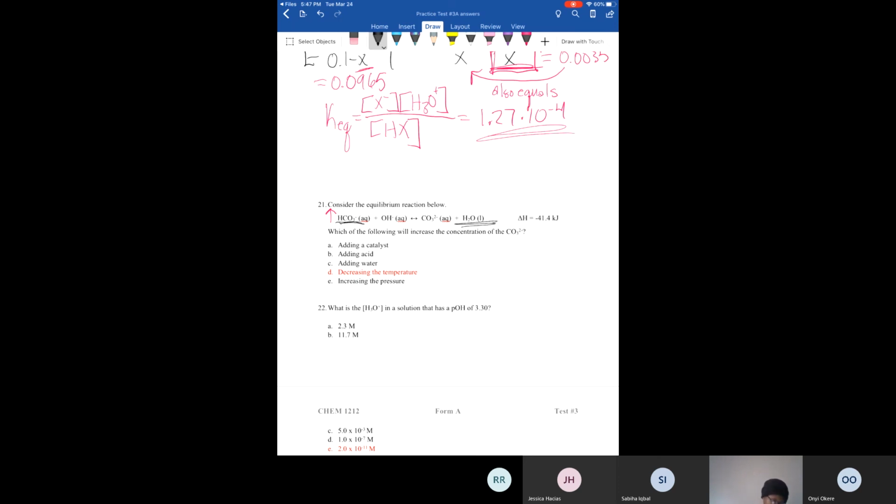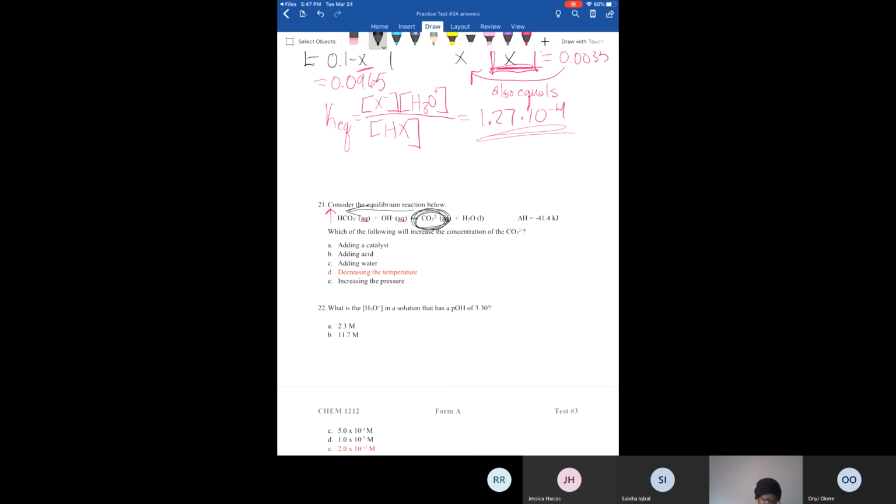So adding acid, I think, would cause it to react with this CO3 2 minus and shift the equilibrium this way, if that makes sense. I'm pretty sure it doesn't. Like, I'm almost positive it doesn't.